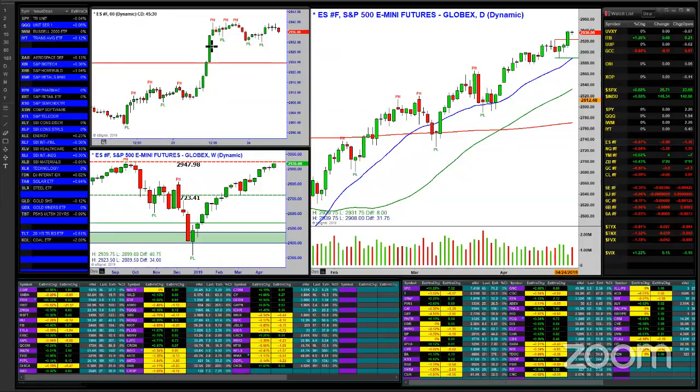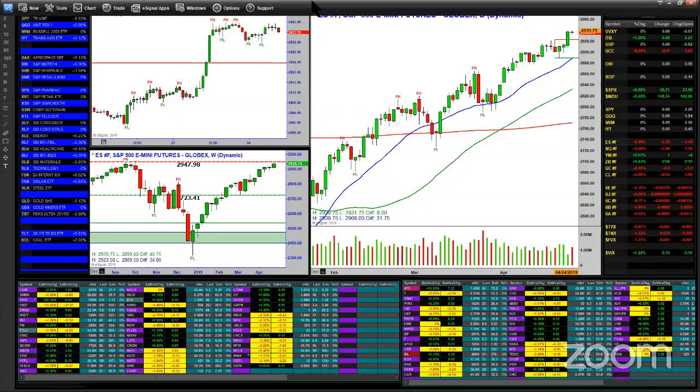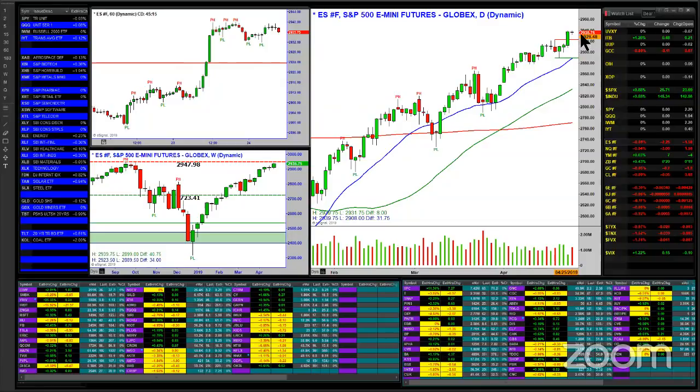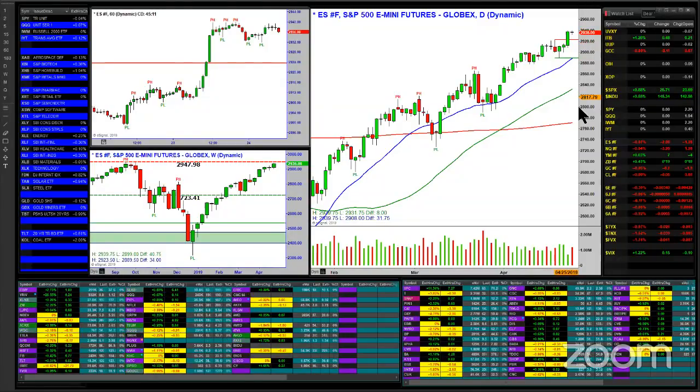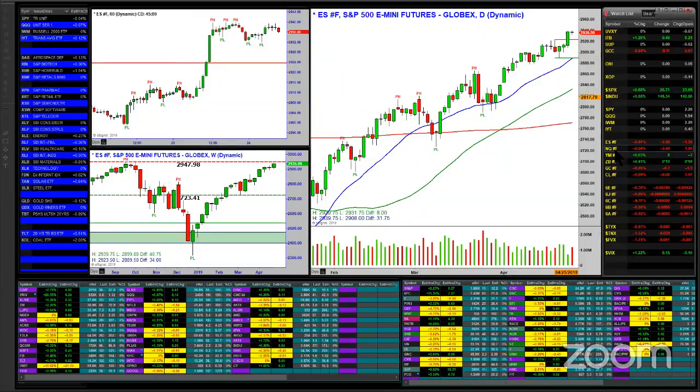This is doing what we want to see it do, right? Create new support, and that is the essence of the 1, the 2. If this turns out to be the 2, where it creates the support, and then the 3 is move higher. Right? Maybe this is on its way to 3,000. Right? We'll see what happens by the end of the week.